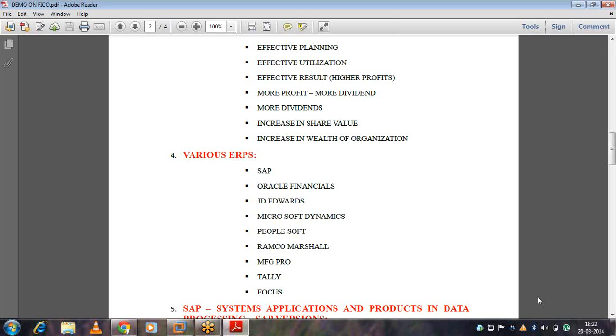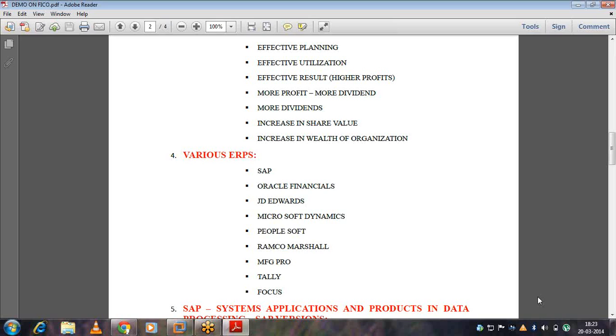Irrespective of the type of industry in which the organization is operating, it can use SAP as an ERP comfortably, without any problems, for automating its business process. This is one of the reasons why SAP has taken the number one place among all the ERPs available in the market.